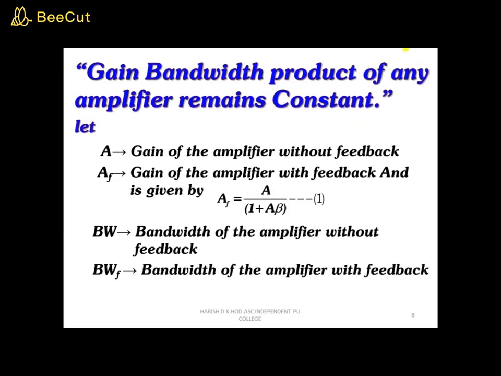Then by using the statement that the gain bandwidth product of any amplifier remains constant, I can write BW into A, that is bandwidth of an amplifier into gain of an amplifier without feedback, is equal to bandwidth of an amplifier with feedback into gain of an amplifier with feedback. But what is AF? AF is nothing but A divided by 1 plus A beta.